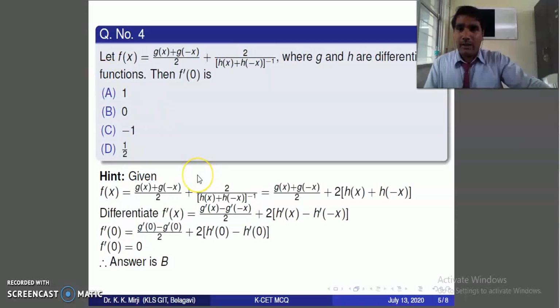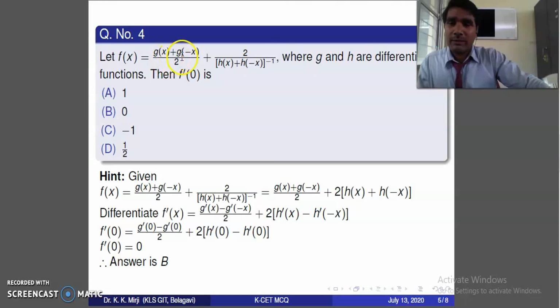Similarly, in the next question, question number 4: let f of x be equal to g of x plus g of minus x divided by 2 plus 2 divided by h of x plus h of minus x to the power minus 1, where g and h are two differentiable functions, then f dash of 0 is. That means we need to find the derivative of f of x at x equals 0.